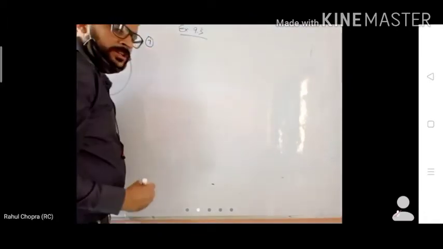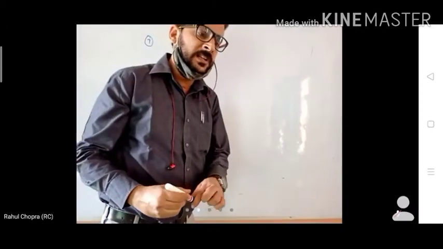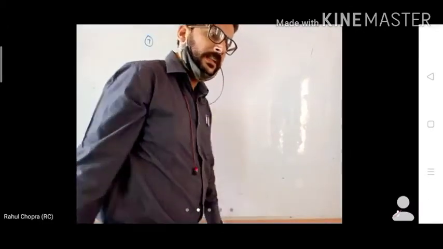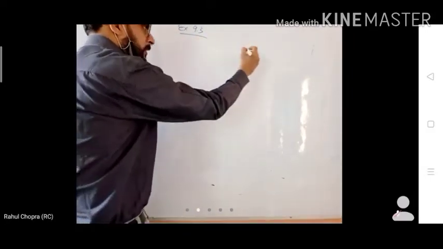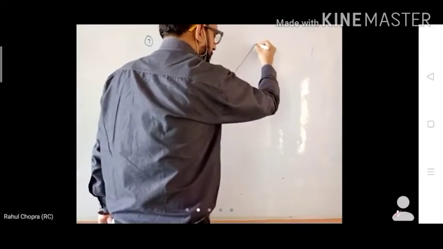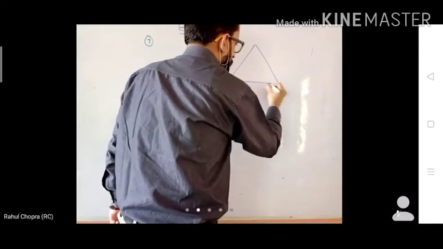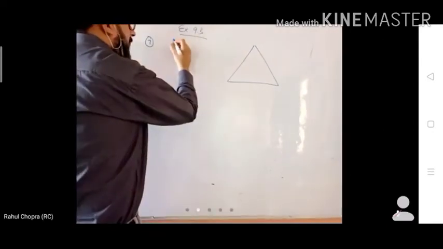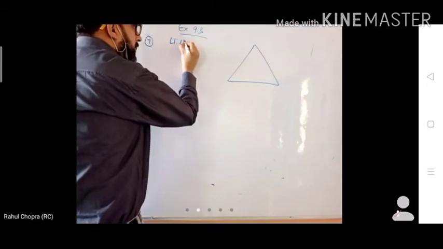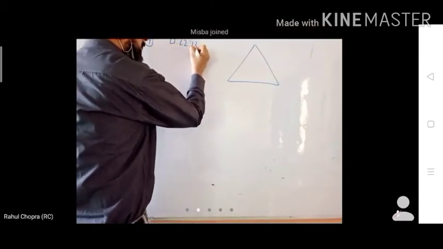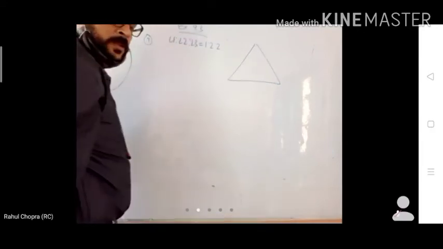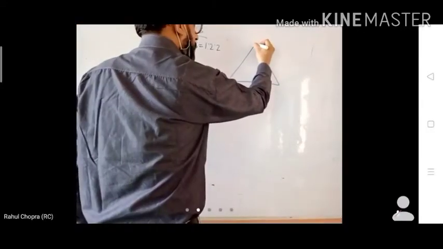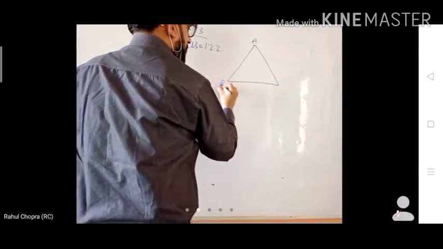Seventh question. Question number 7: the three angles of a triangle are in the ratio 1 is to 2 is to 2. What will we do? We'll again make a triangle. Ratio of three angles, angle 1, angle 2, angle 3 is given as 1 ratio 2 ratio 2. We'll name this triangle ABC.